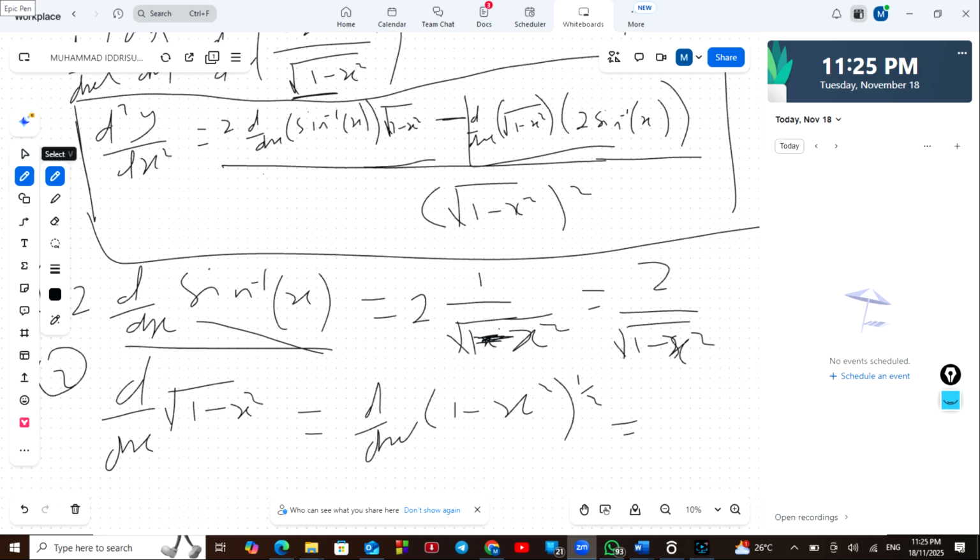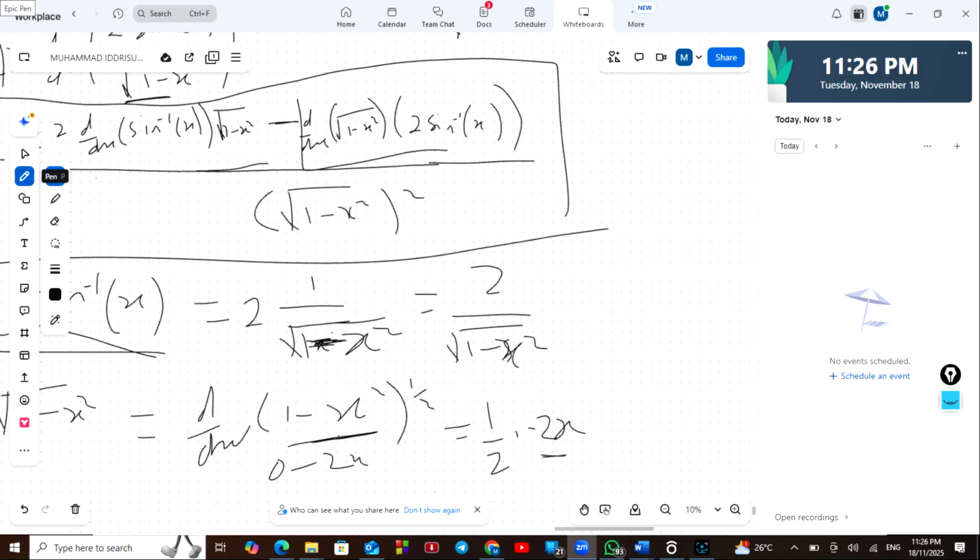The derivative is half multiplying the derivative of whatever is within the parenthesis, which is negative 2x. If we differentiate, the differential of 1 is 0, minus the differential of x squared, which is 2x. So 0 minus 2x is negative 2x.